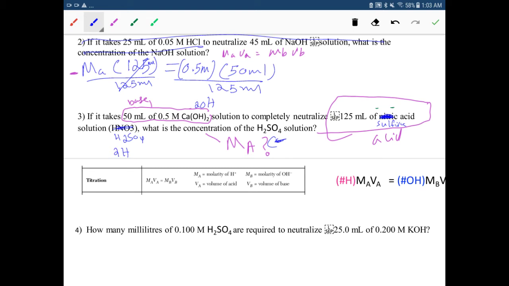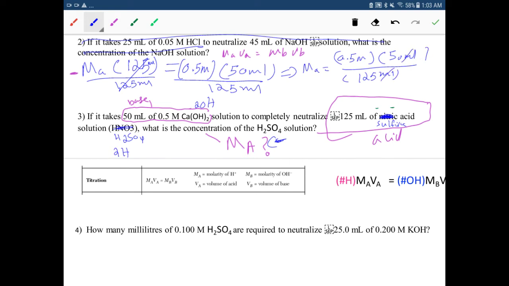Okay, so now I have MA equals 0.5 molar times 50 ml divided by 125 ml.